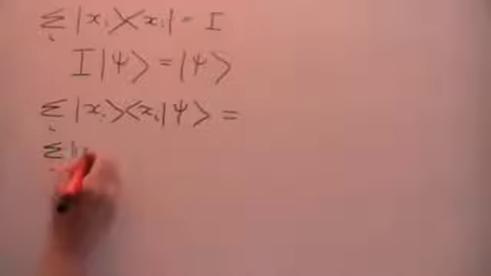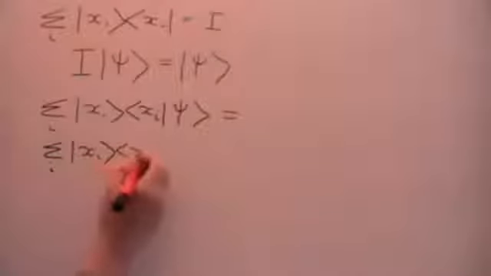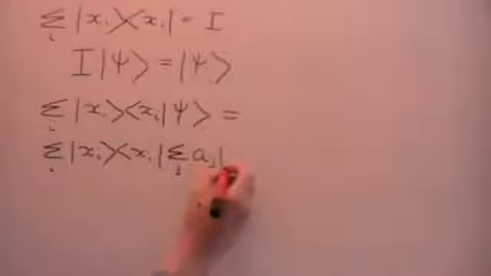So I can rewrite this as the sum over i of |xi><xi|. I've not changed anything. But for psi, I'm now going to write what we have written before, which is the sum over j of the probability amplitudes times the basis states. We've shown that in this very video.